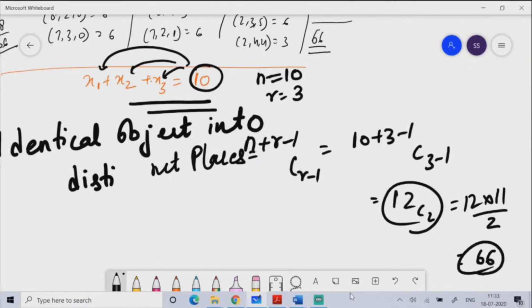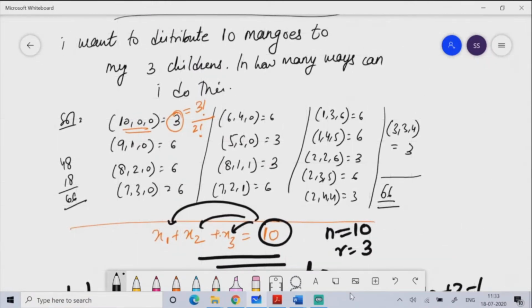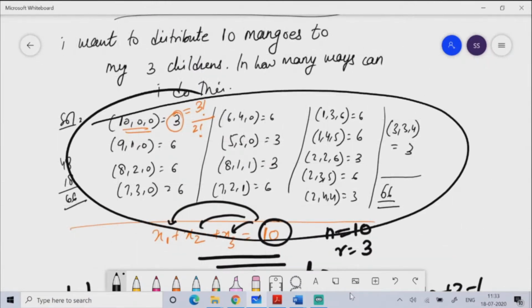So imagine the first instance where I spent so much time thinking about these 66 cases, and there is a high possibility in the exam, if I get this kind of problem, I may miss some cases also.